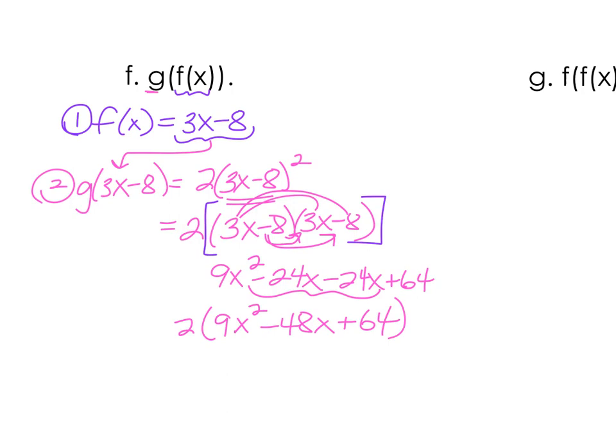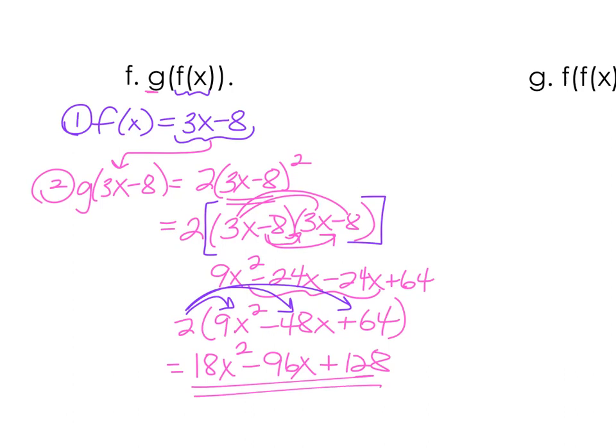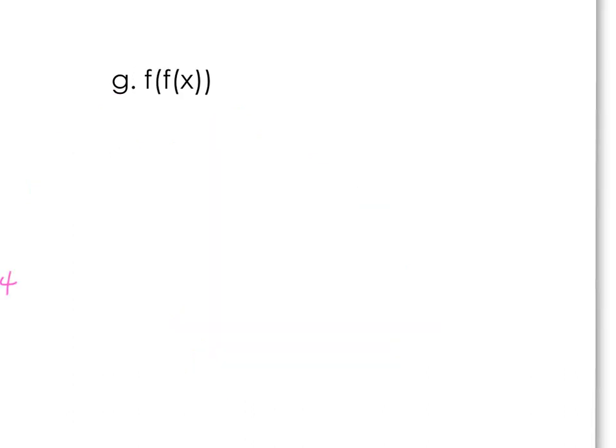And now to simplify and get rid of the parentheses, we're going to distribute the 2 in and just double all of our coefficients. The composition for g of f of x becomes 18x squared minus 96x plus 128. That's quite a general composition.